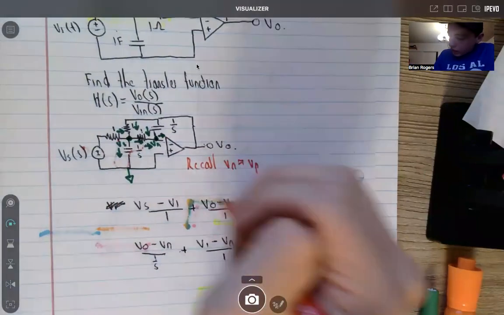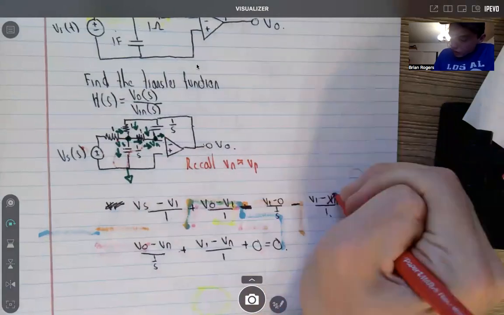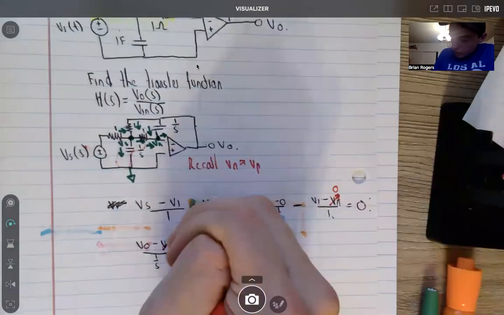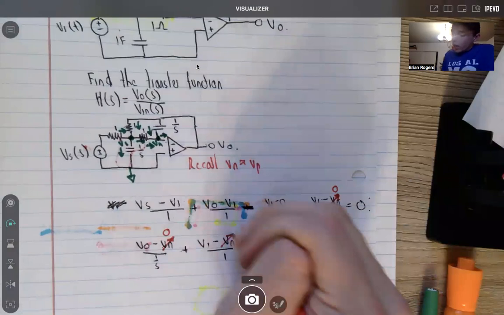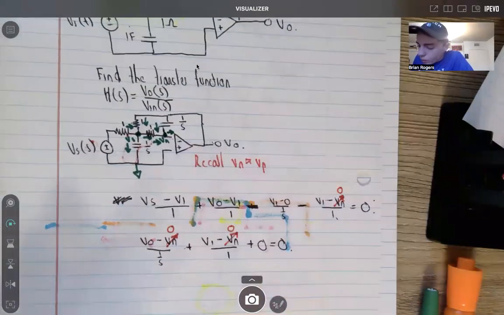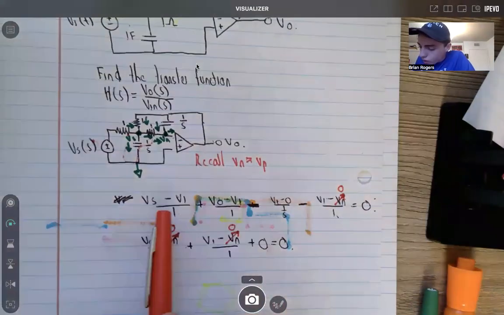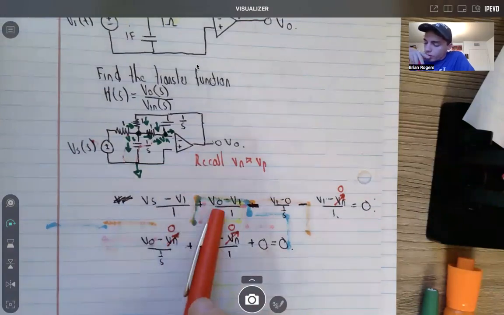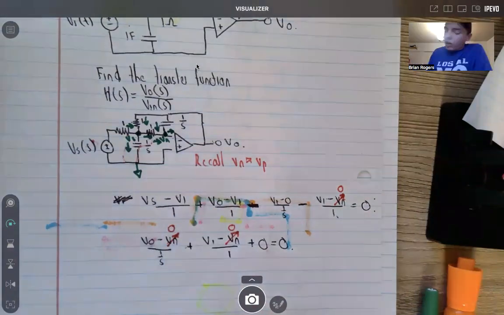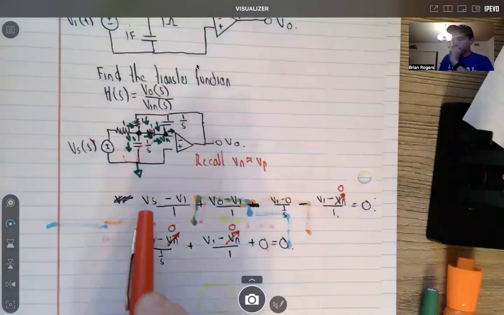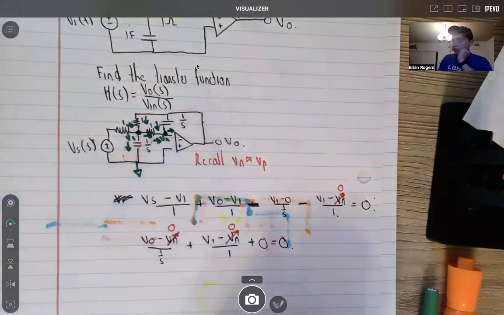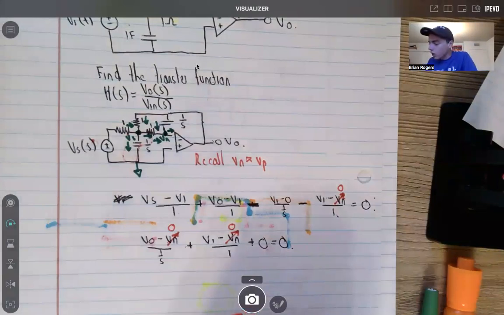So now I'm just left with 3 unknowns. Our voltage source, they tell us the unit step response later on.